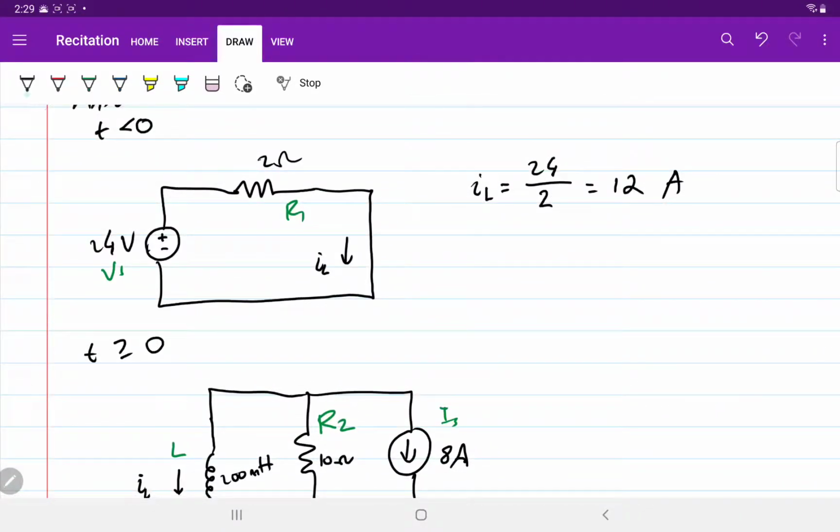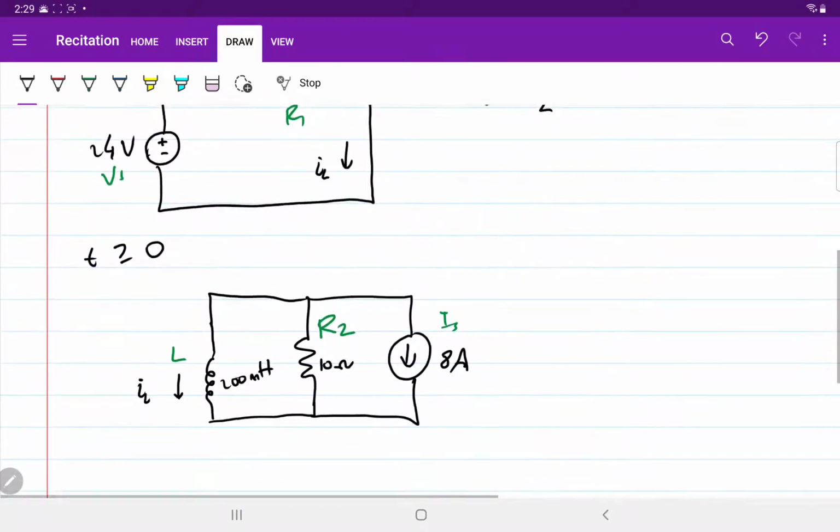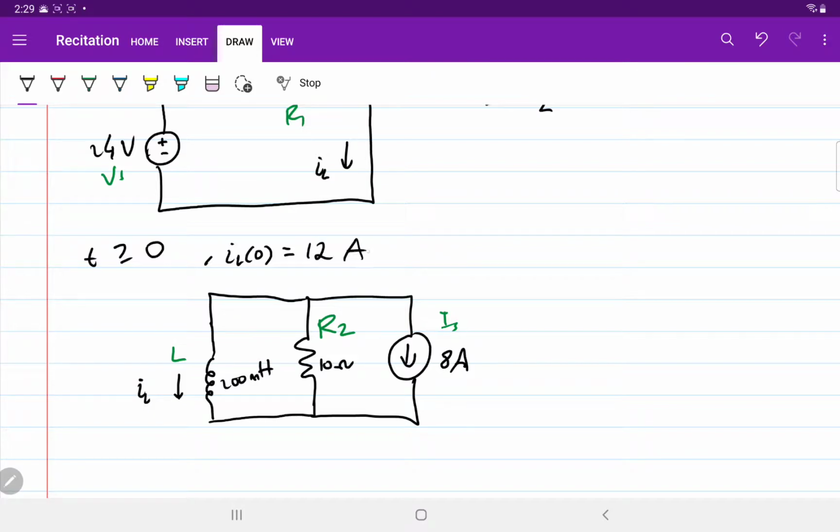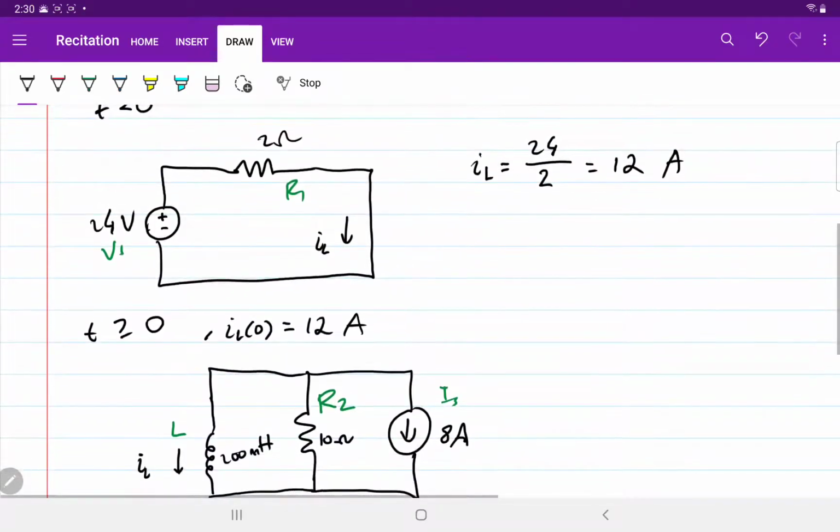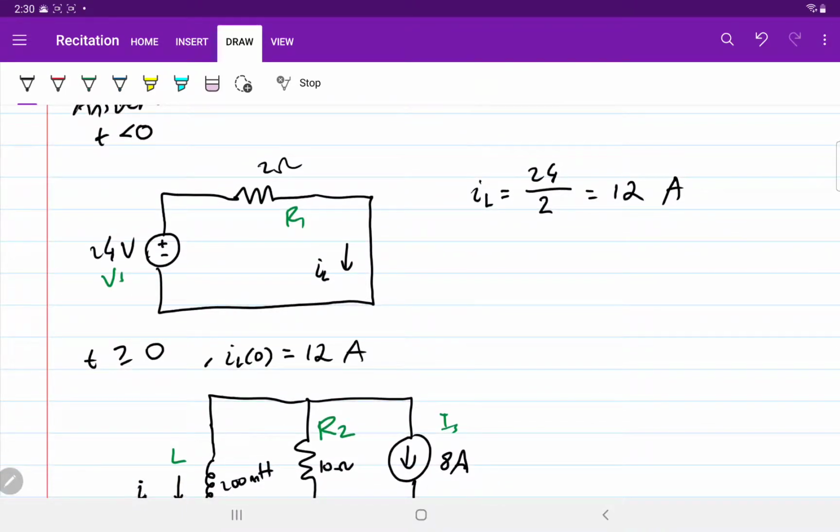Based on the previous calculation, we know that IL is 12 amps. So we know that IL of 0, or the initial condition for the circuit, is 12 amps, right? So you can think that this inductor has already charged for quite some time.